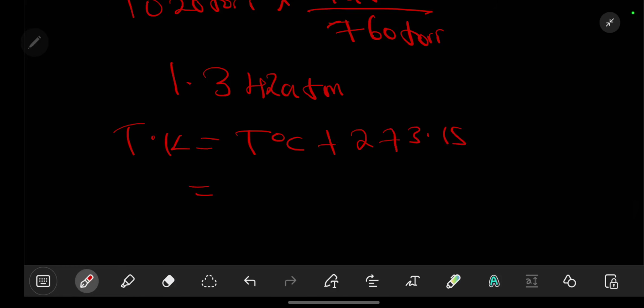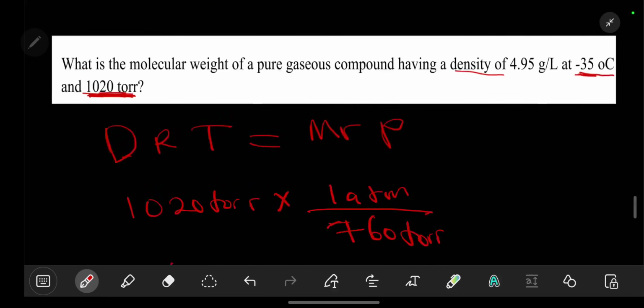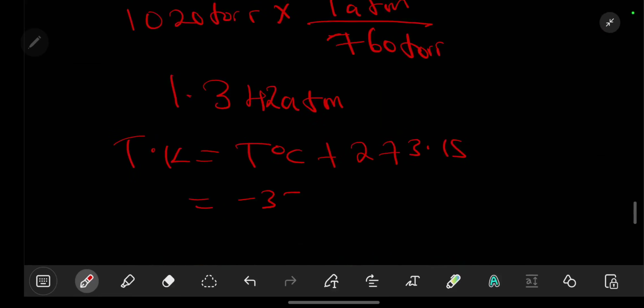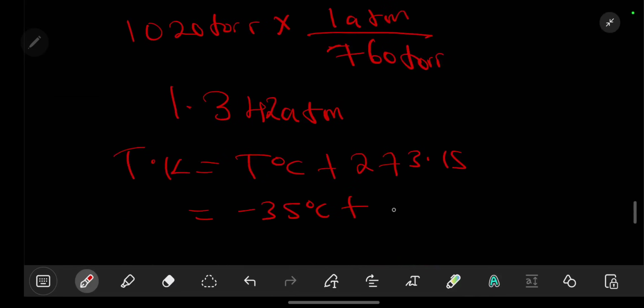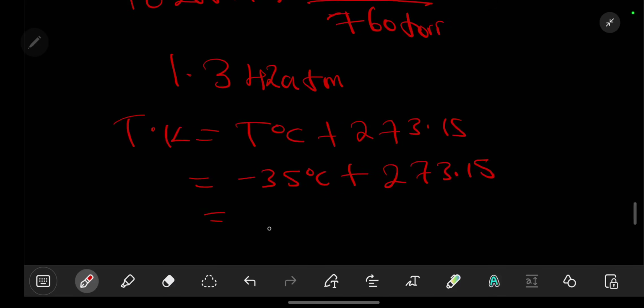So we have negative 35 degrees Celsius plus 273.15. When we add these, this is going to give us a value of 238.15, like that. So this is the temperature in Kelvin.